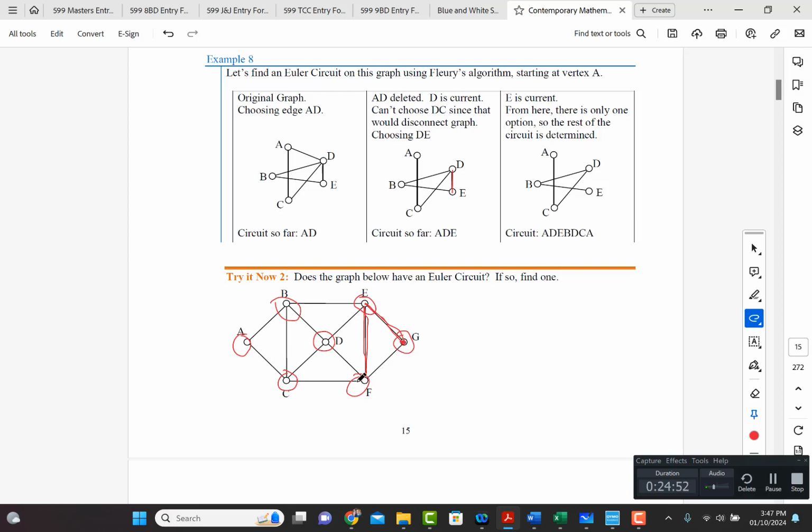So what about FC? No, that'll work because we'll still have a connected graph, right? Because if we delete these here, we still got a connected graph, okay? And then now we're at C.